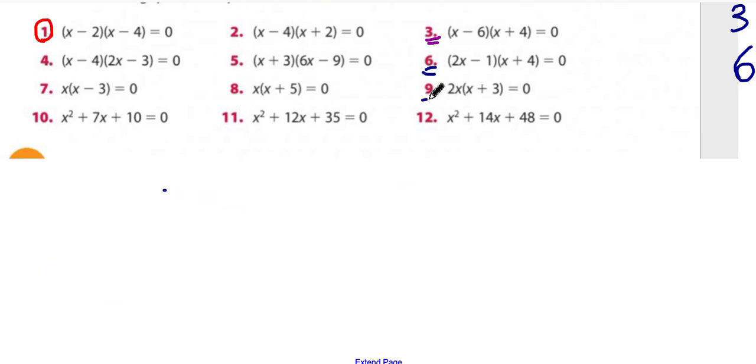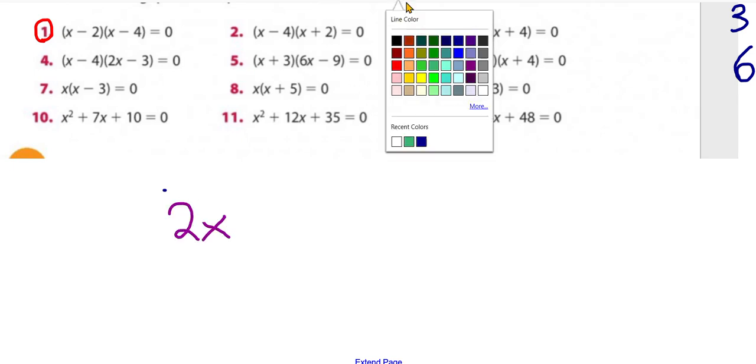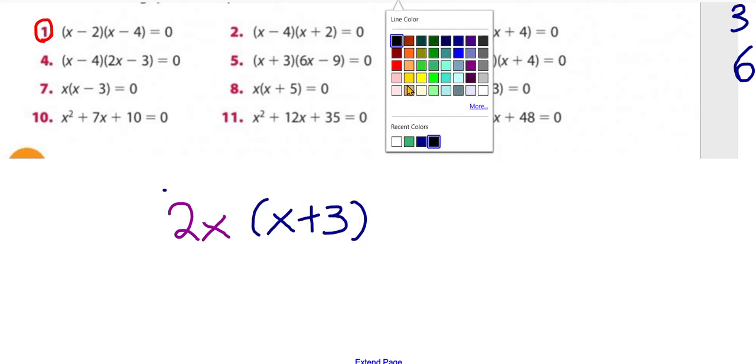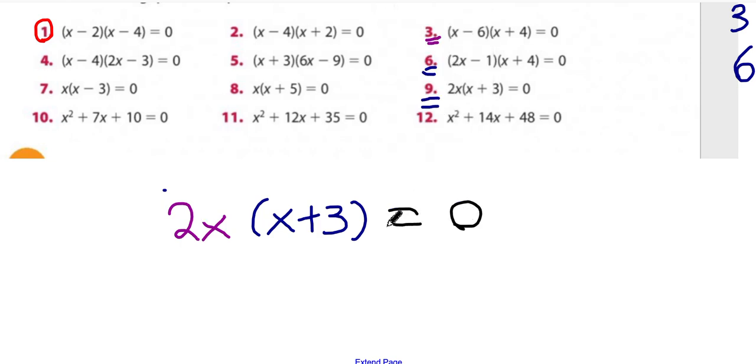Now, see question 9. Ever see 9? Two distinct numbers. There's the 2x on the inside, on the outside, and the x plus 3 on the inside. And once again, these are two distinct numbers. How do I know they're being multiplied by each other? See this region here? See the way there's nothing in between them? That means they're being multiplied.